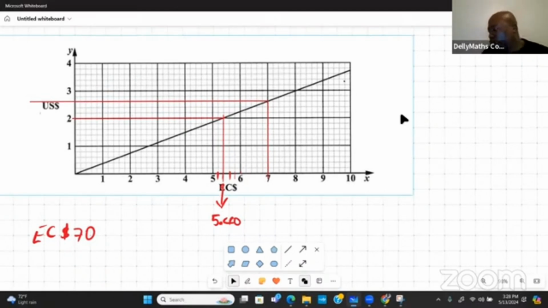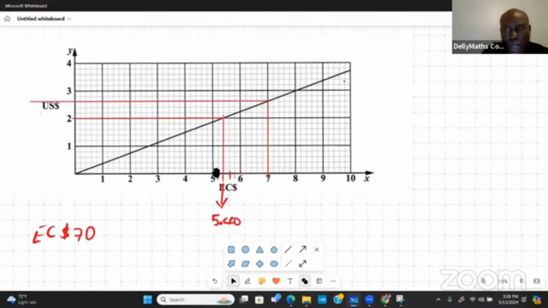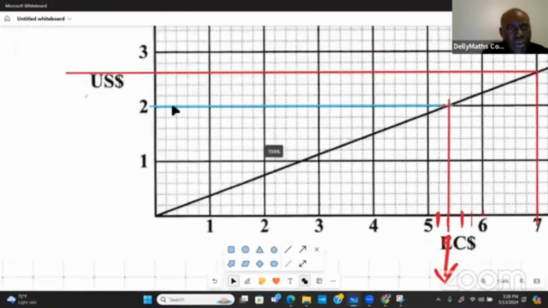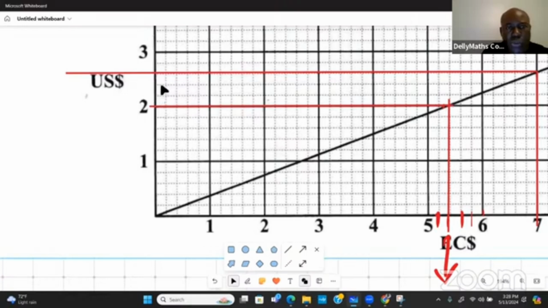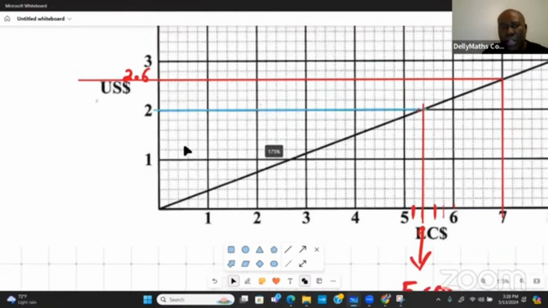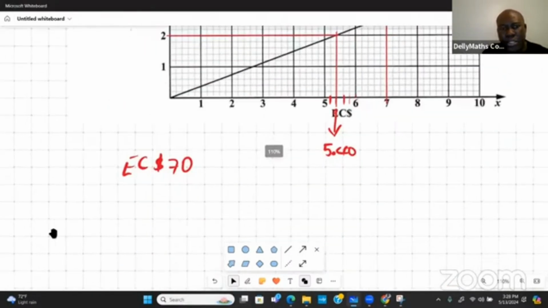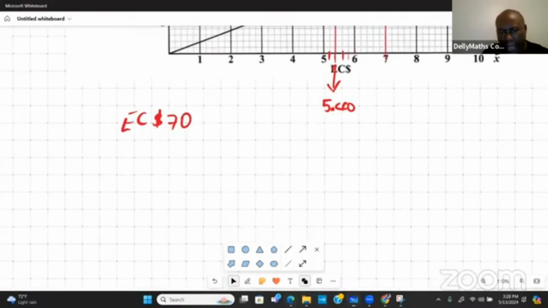So what we want to do over here is see what this is right here. This is 2.2, 2.4, 2.6, right? So this line came across at 2.6 right there. Therefore, we are able now to make that link. So 7 came across at 2.6, and we're going to be using that. So let's go back to this.